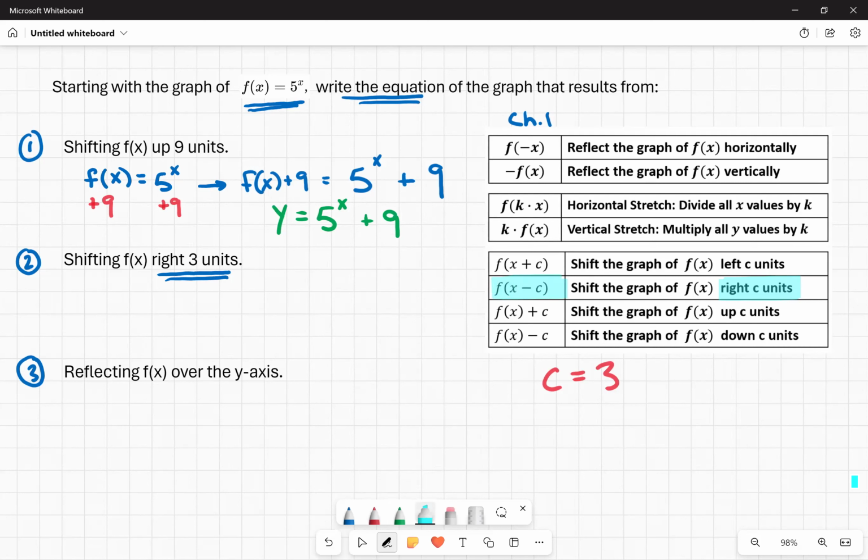So now the c is inside of the function. So f of x minus 3 means we replace the x with an x minus 3. So instead of 5 to the x, it's 5 to the power of x minus 3.